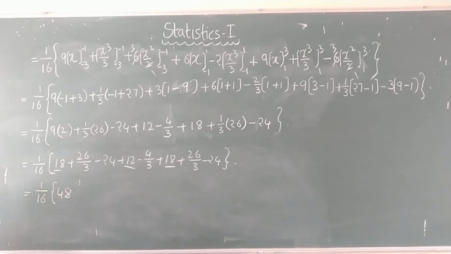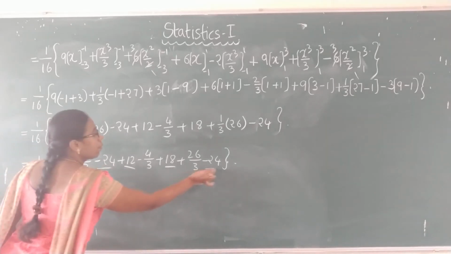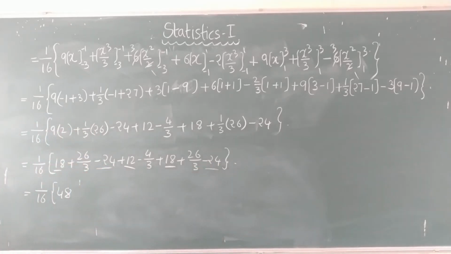Now what are the negative terms we have? Minus 24, minus 24, that is nothing but minus 48, plus 26 by 3 plus 26 by 3. 26 plus 26 is 52 by 3.